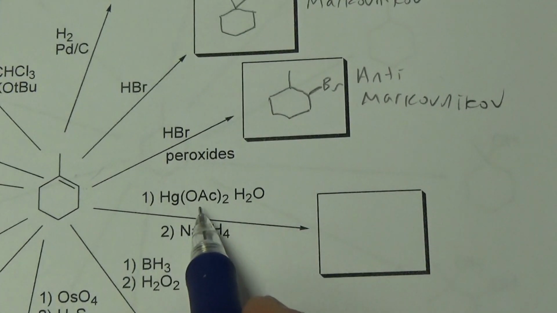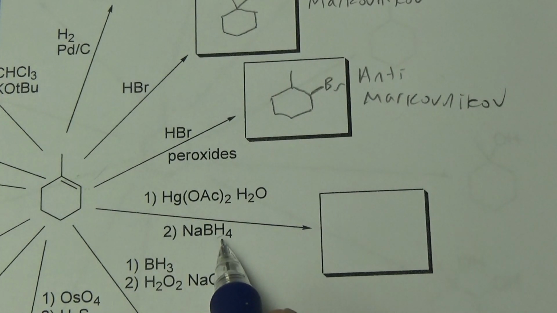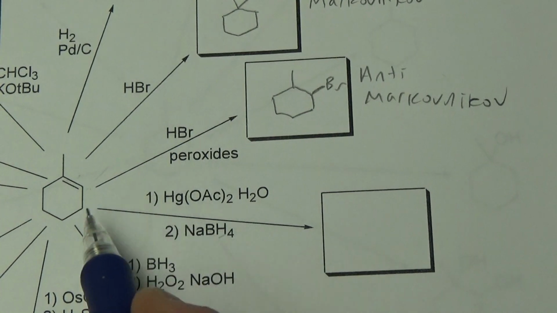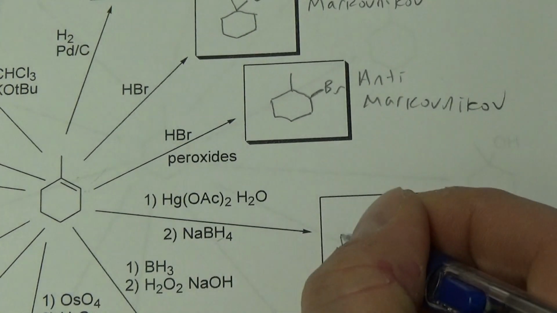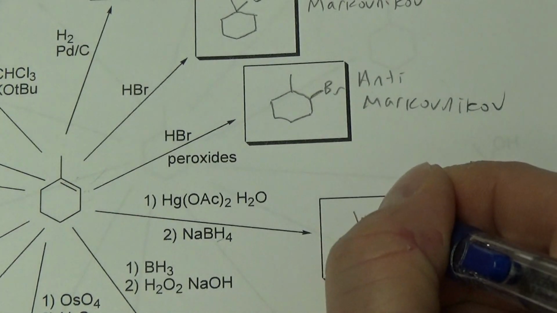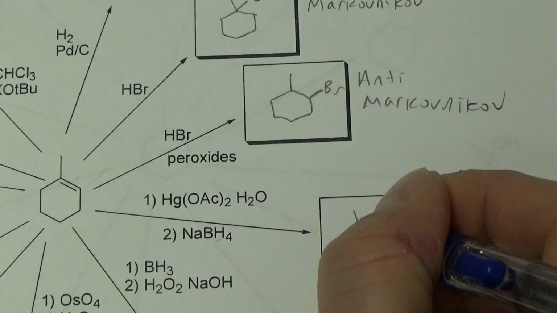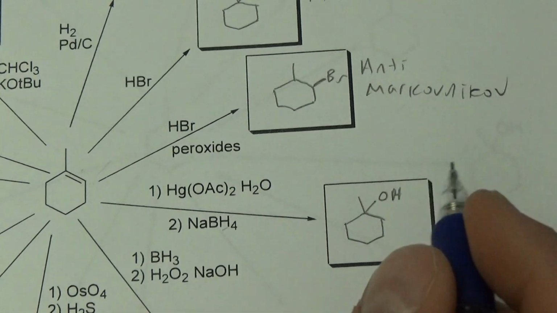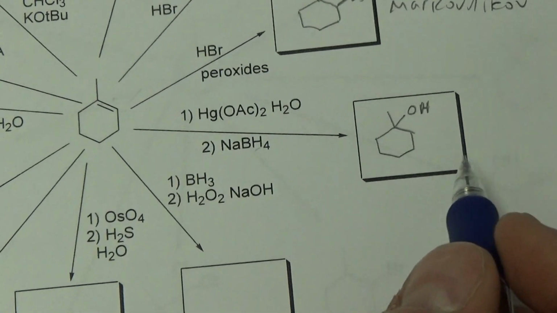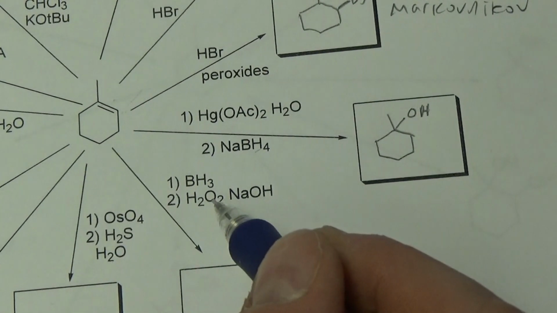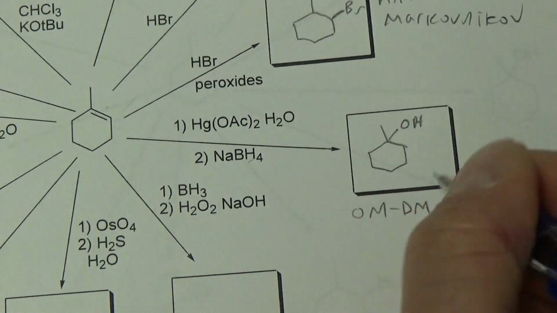What about the mercury one? It's oxymercuration and demercuration. All that does is it makes a Markovnikov alcohol. So an alcohol at the Markovnikov position. Now the mechanism was kind of a little more work, but I provide a sort of simplified mechanism. I call this OMDM, oxymercuration, demercuration.